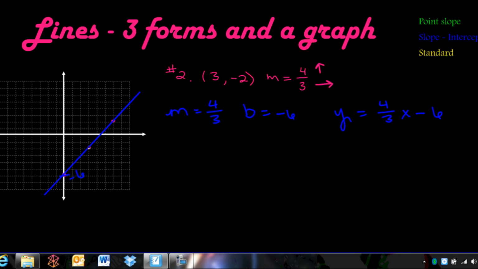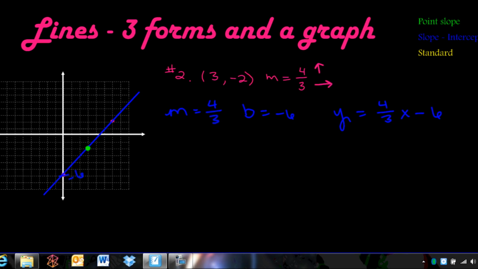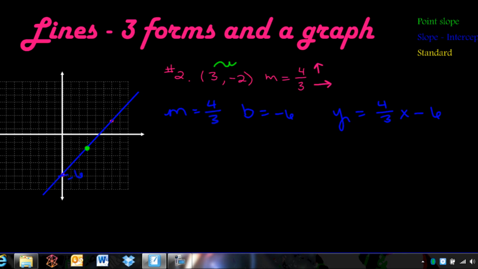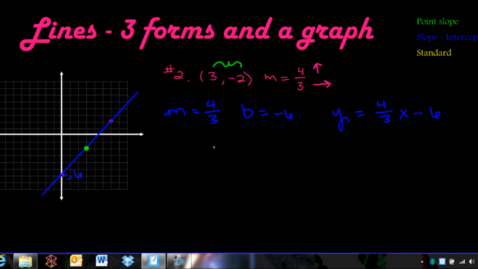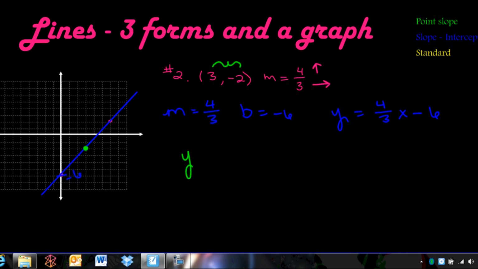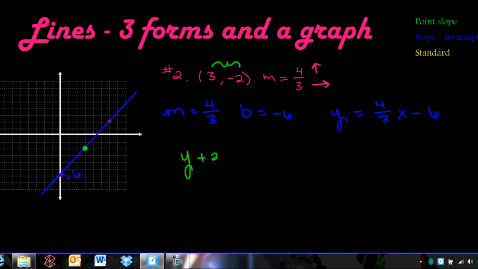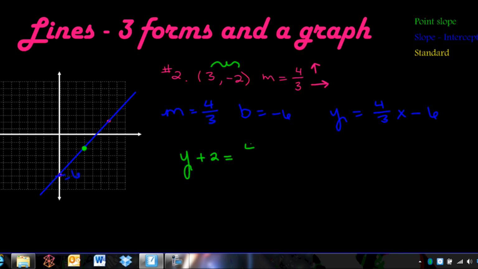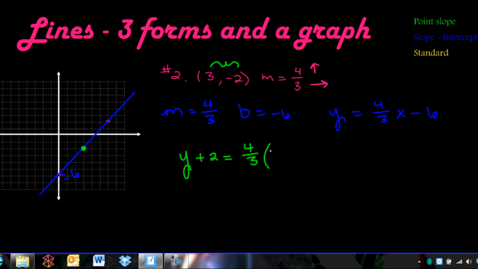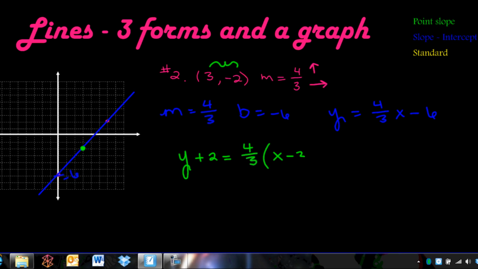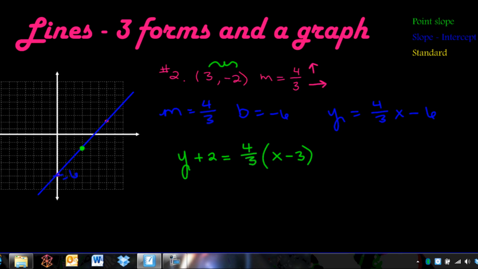The next one, the point-slope form. Well, I have a point, and I already have a slope, so my point-slope form would be y minus negative 2 equals 4/3 times x minus 3. And we're done.